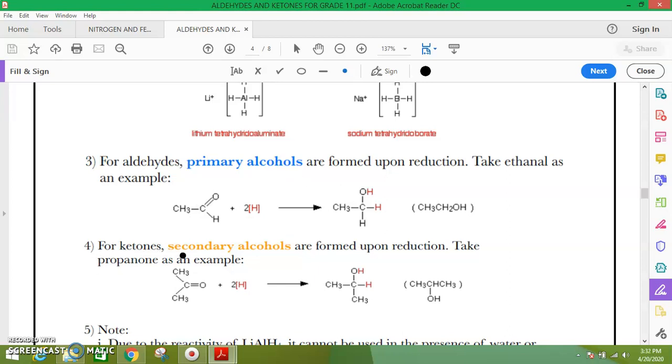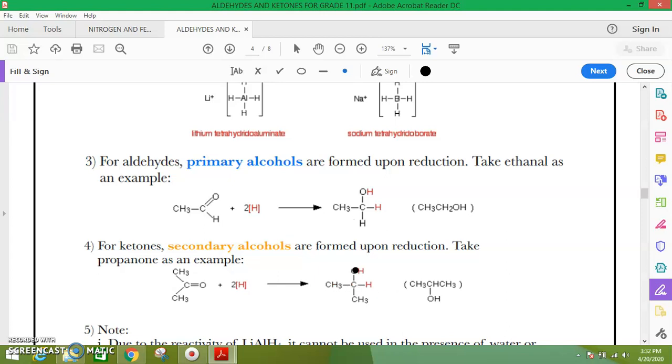Now for ketones, secondary alcohols are formed upon reduction. Take propanone as an example: CH3, C double bond O, and CH3. We have 3 carbons, 1, 2 and 3, and we call this propanone. Plus again addition of hydrogen, because this reaction is reduction. When we add hydrogen to the carbonyl carbon, same as with the aldehyde, we add 1 hydrogen to oxygen and 1 to carbon to complete the valency, but here the situation is different compared to the aldehyde.